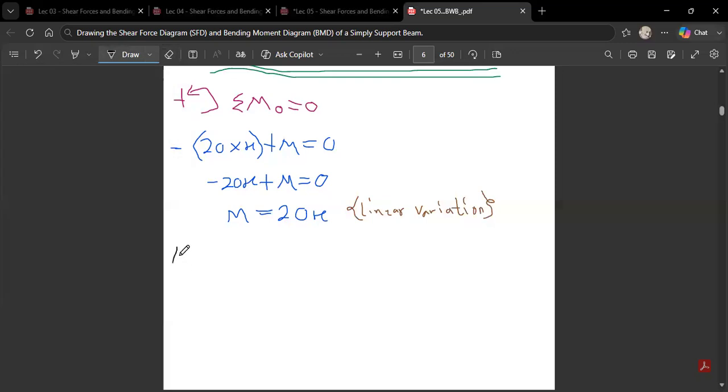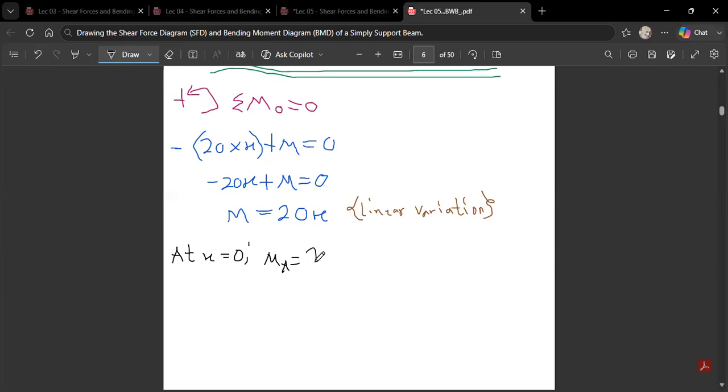At x is equal to 0, just as we did for the initial one, our moment at A is going to be equal to 20.